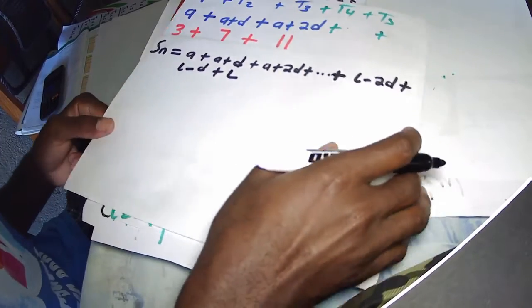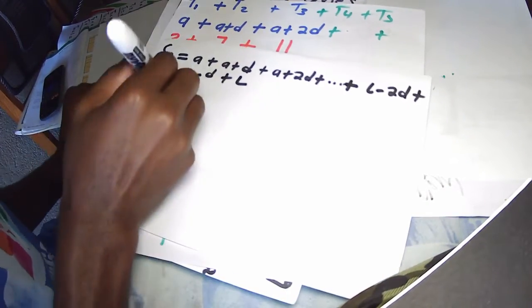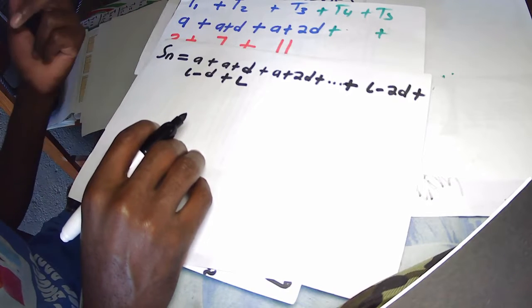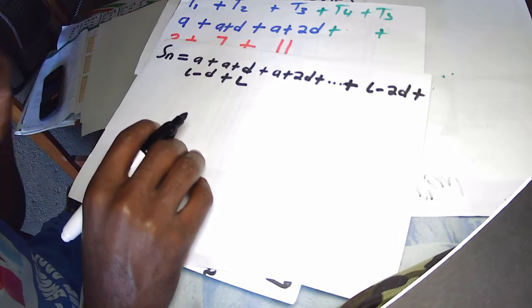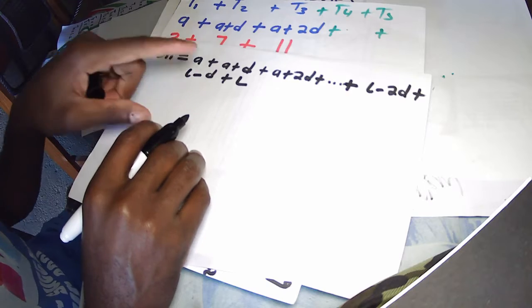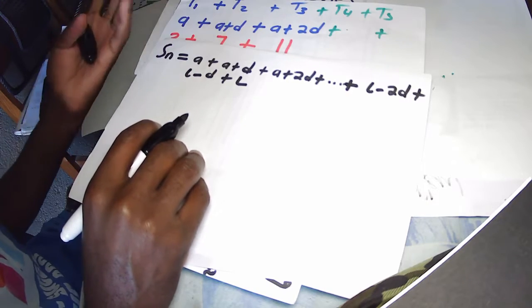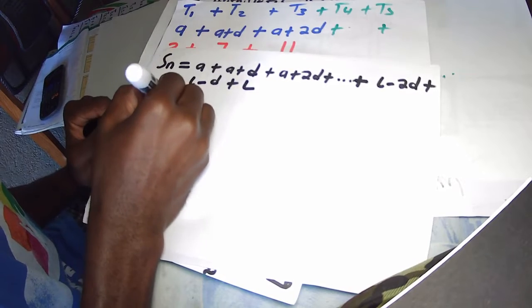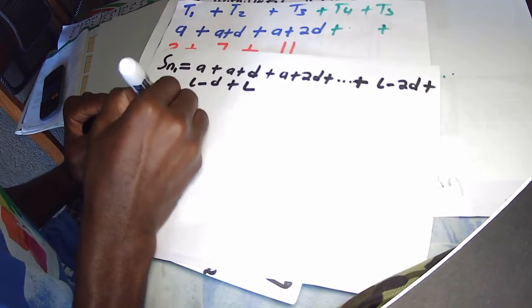As we continue progressing, adding this, remember, to satisfy the condition of adding, we need to add back and forth, so we reverse this. So Sn, this is 1, this is 2.